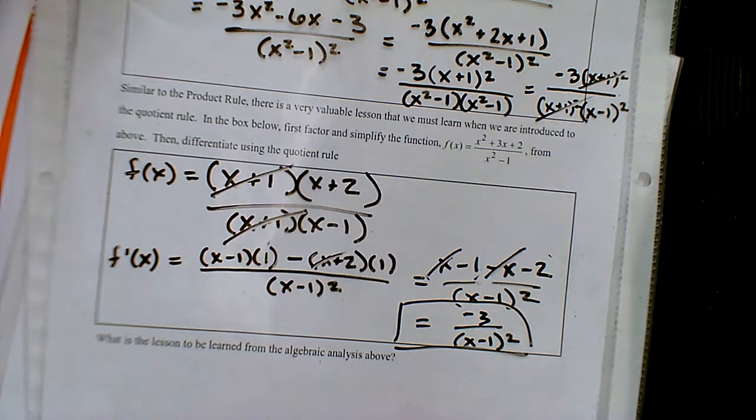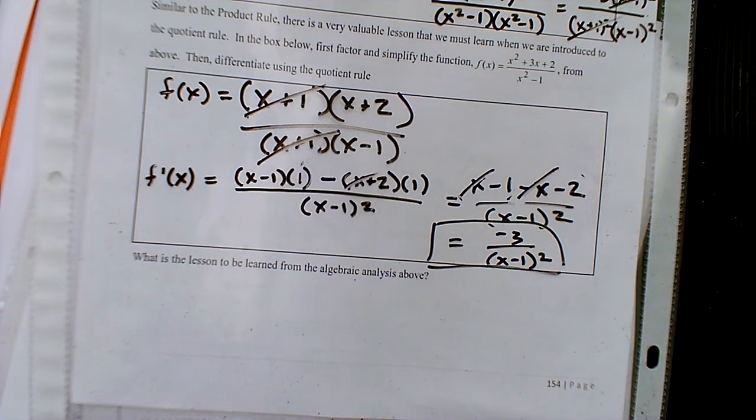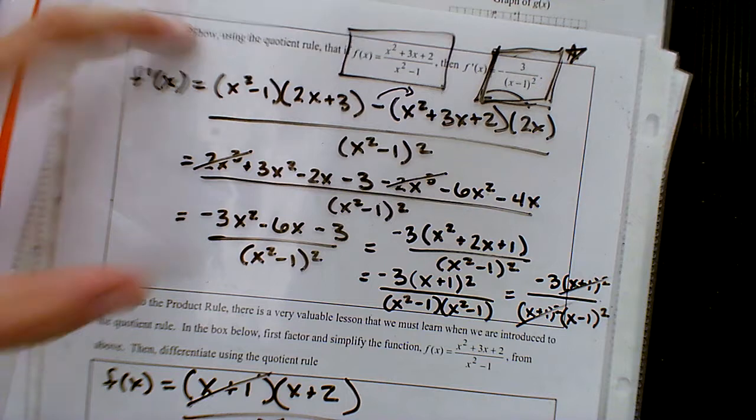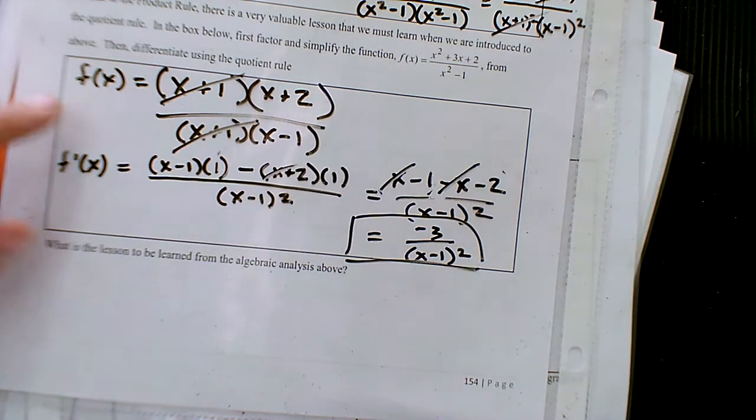So what might be useful, a lesson to be learned from this, is that instead of doing the simplification after you find the derivative, maybe if we do it before, it'll make the derivative process simpler. Do you see that? Instead of going through all of this, we just went through 2 or 3 little things here.